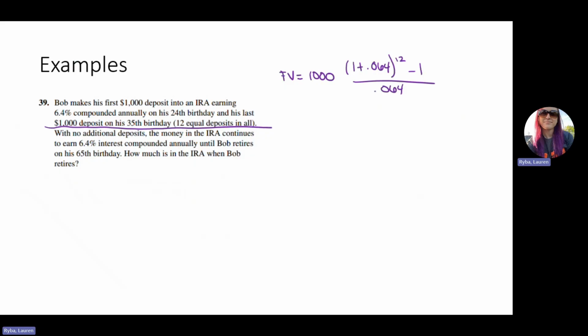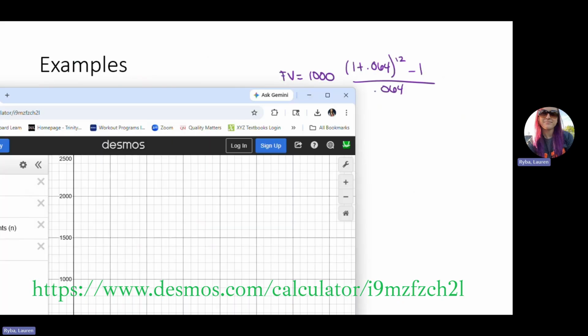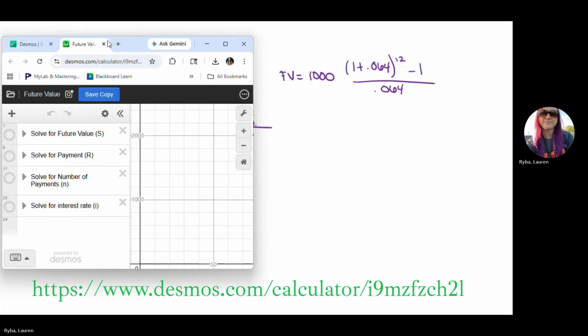Now, I'm going to show you, there is also a Desmos calculator for annuities like we did with compound interest. It's called the future value.